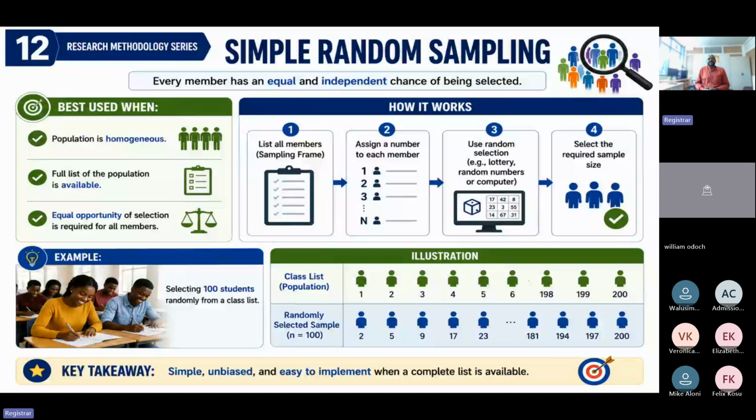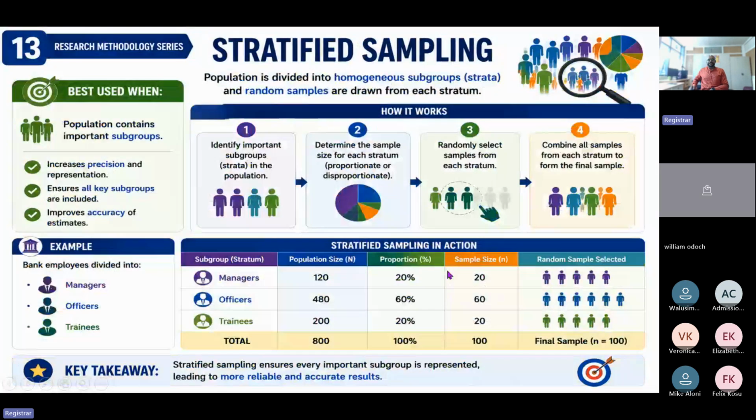Like what you do in a university class: if a class has a population of 200 students and the sample size n is equal to 100, you can randomly select 100 students from the class of 200. The key takeaway of simple random sampling is that it is simple, unbiased, and easy to complete with the list that is available. So this is simple random sampling.